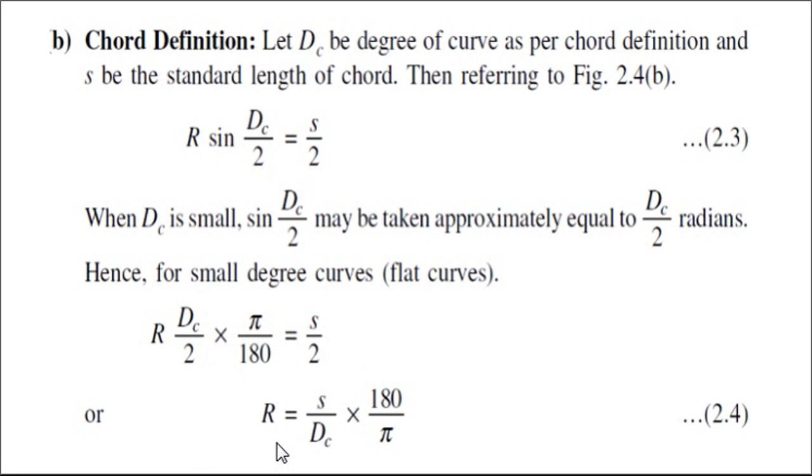Hence, radius r is equal to S divided by DC into 180 by pi. So r can be calculated if S and DC are known, or S can be calculated if r and DC are known, and vice versa. Next slide.